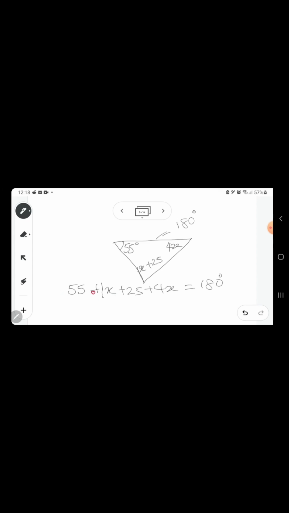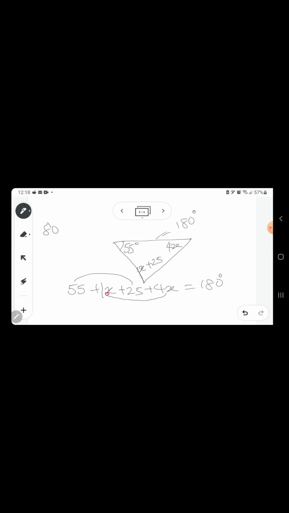We can now group them together. We group 55 and 25 together, or we can just quickly solve them. 55 add 25: 50 add 20 is 70, 5 add 5 is 10, 70 add 10 is 80. So I put my 80 here.